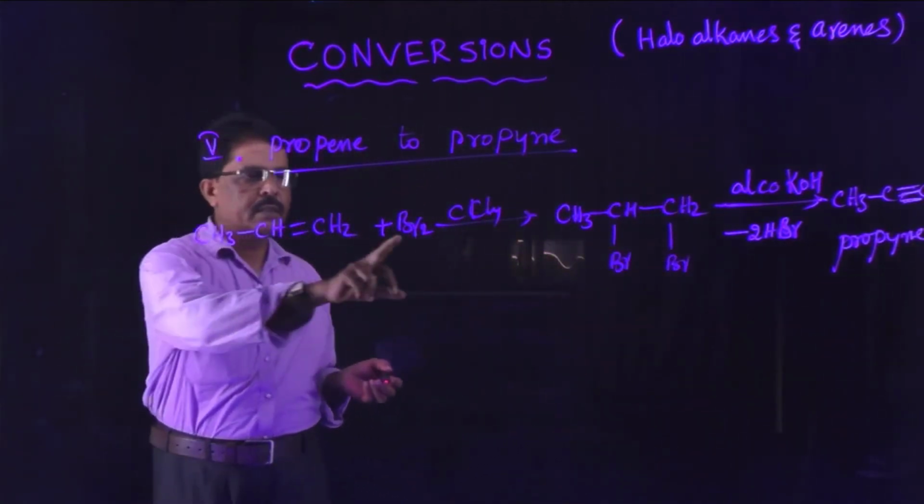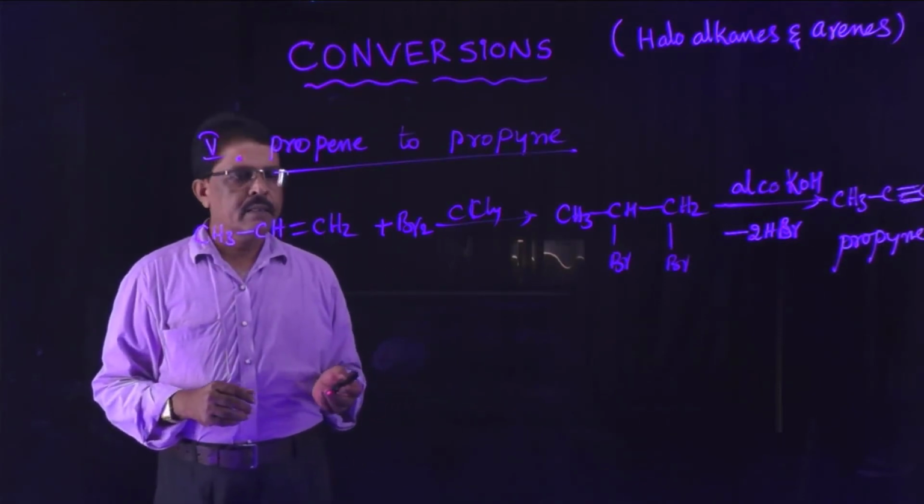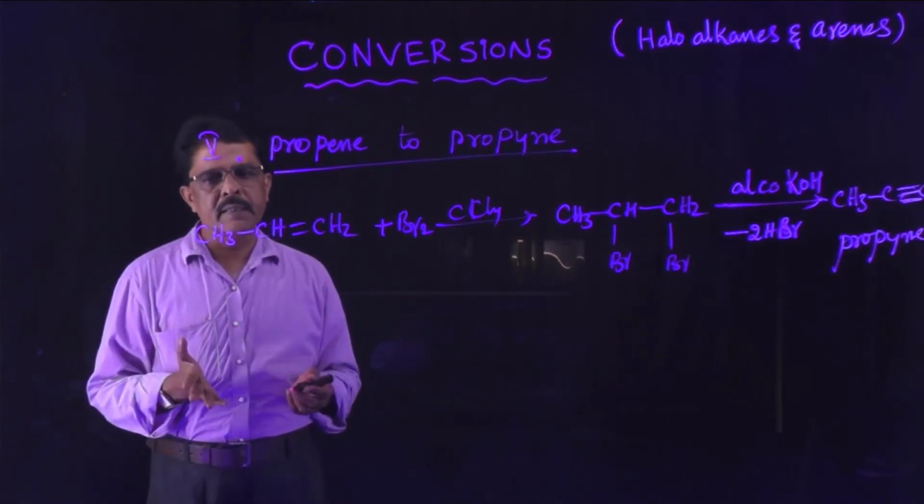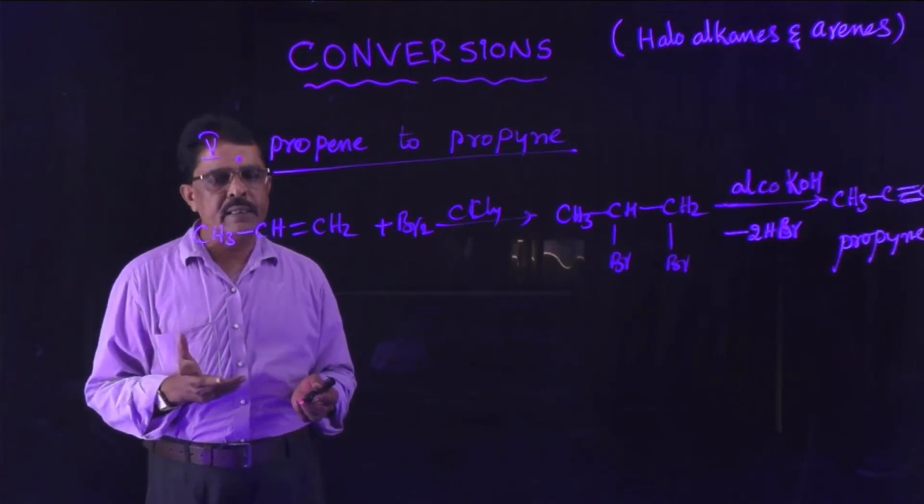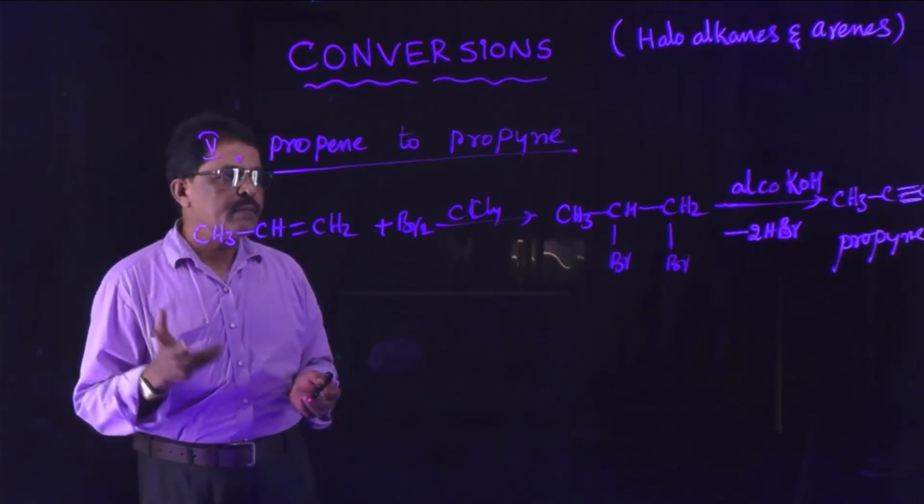Propene is subjected to bromination. Then addition will take place. What addition takes place here? Electrophilic addition takes place.